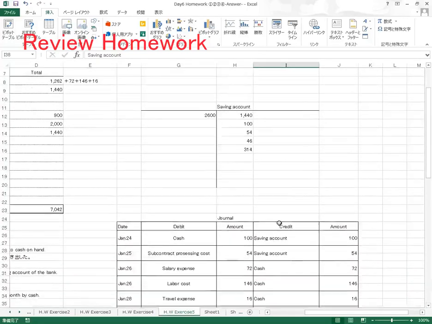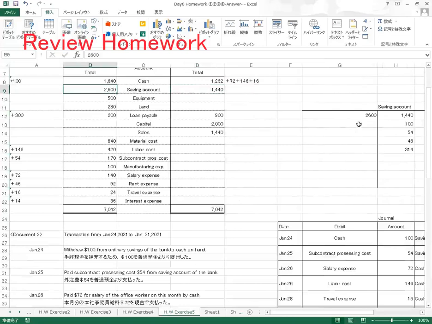Teacher Midori makes a T account for savings account because in this transaction, the savings account appears several times. So you see the first line of the savings account is 2,600 and 1,044,440. It is from the 23rd trial balance.